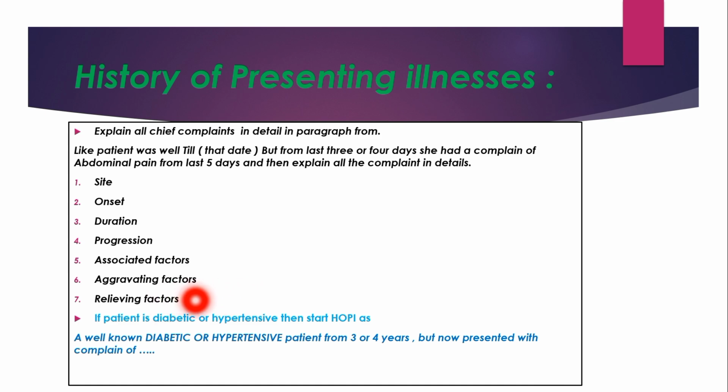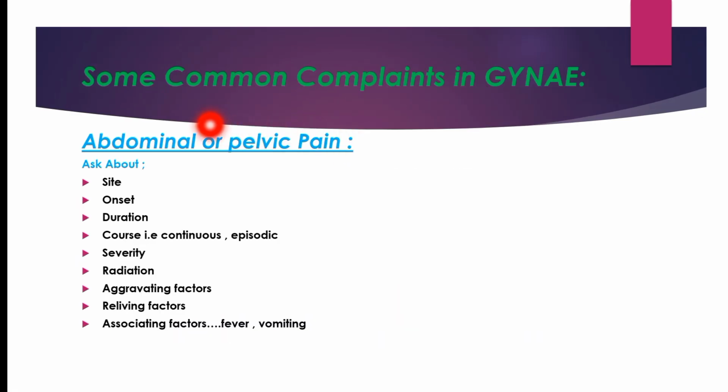And if a patient has any chronic disease like diabetes or hypertension, then start the HOPI as a known diabetic or hypertensive patient for the past 3-4 years, but now presented with a chief complaint of, let's suppose, abdominal pain for 4 or 5 days.